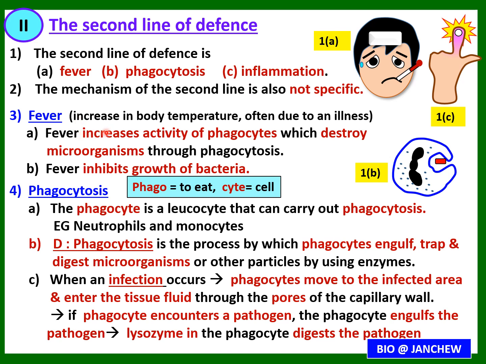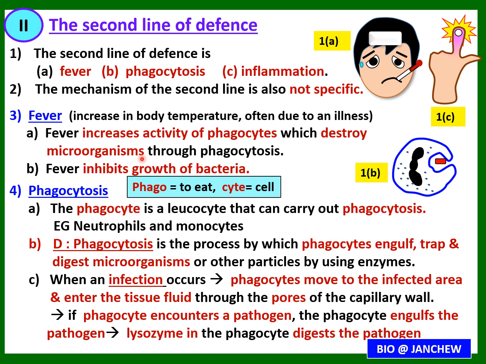So fever increases activity of phagocytes, which destroys microorganisms, right? So this is the benefit of fever. It will increase the activity of phagocytes, the white blood cells that carry out phagocytosis and engulf and digest the microorganisms, so that they will destroy more microorganisms.